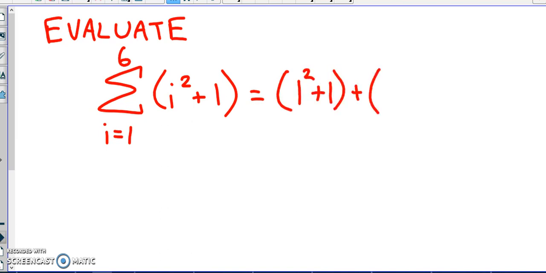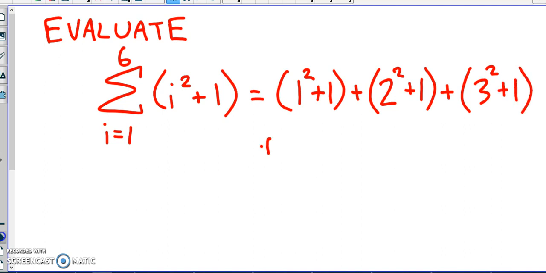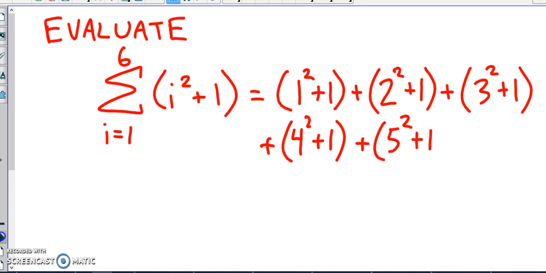Plus, then i would become 2, so this would be 2 squared plus 1. Plus, i would be 3, and then 4, and then 5, and then 6, and we would stop there because 6 is the upper limit.